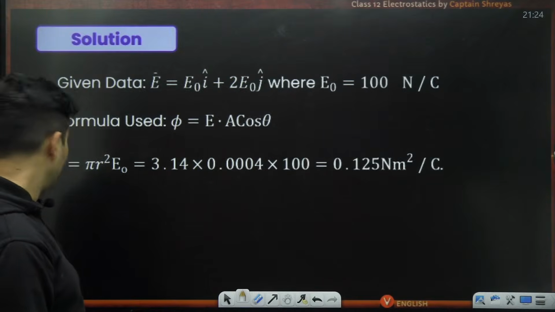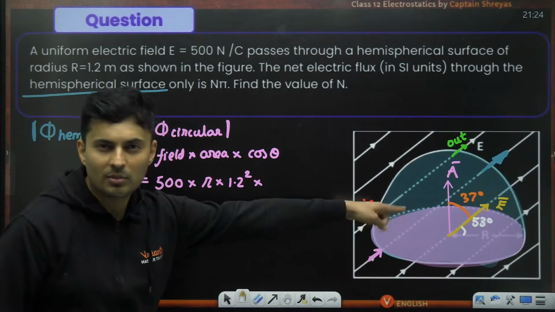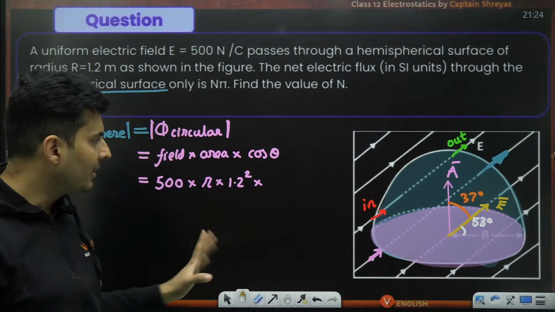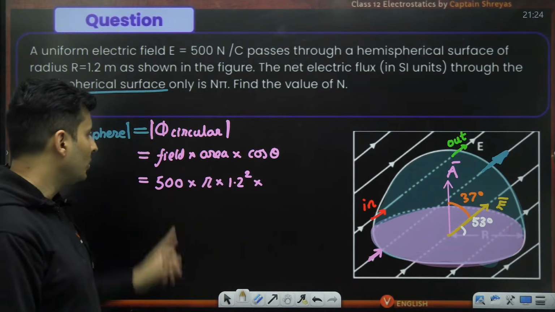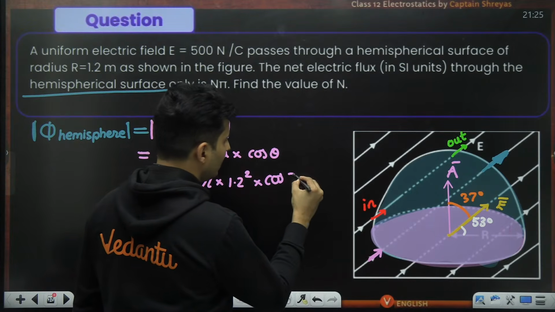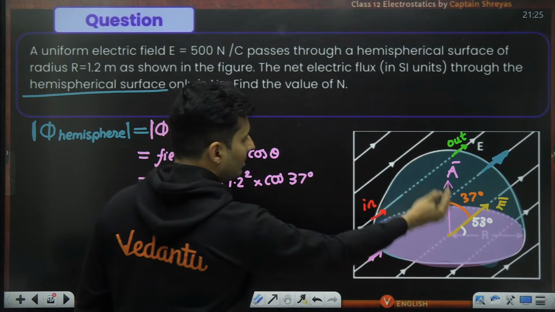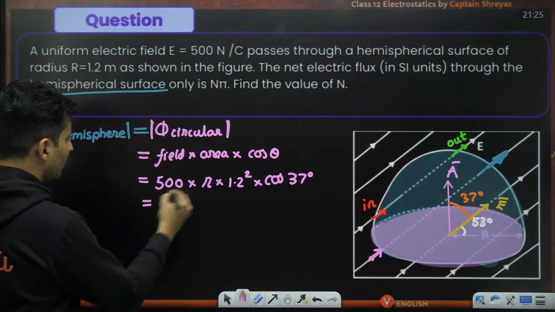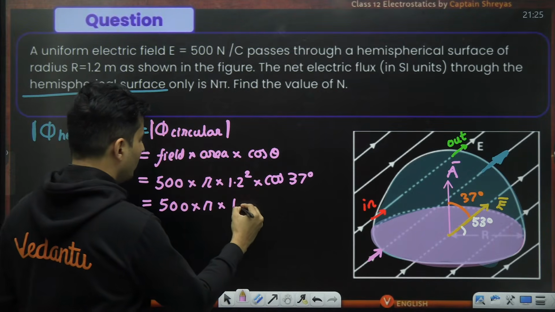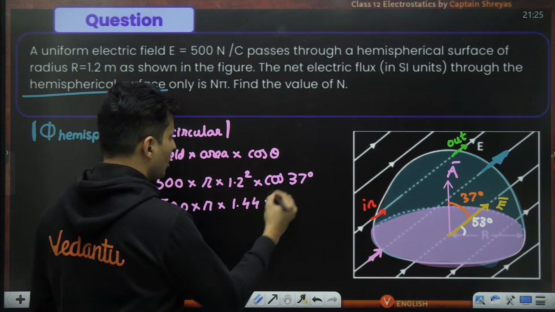It is very light because I shaded it, but it was 53 degrees. So it is cos of 37 degrees, the angle between area and the field. Now this is straightforward. So 500 into pi, 1.2 squared is 1.44, cos 37.